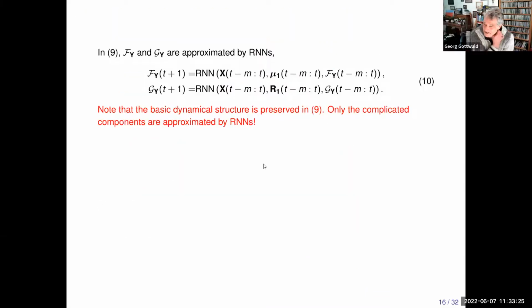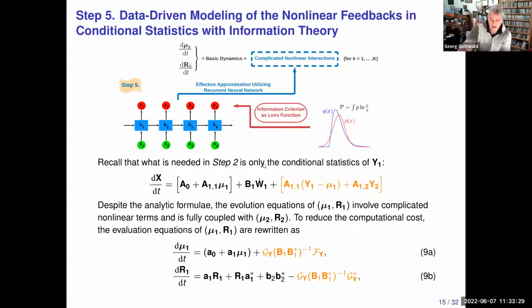Can I ask another question? Of course. Go one page back, please. So are you training on the difference between, let's say, d mu1 dt minus a0 plus a1 mu1? Is that how you train? So that's a good point. We approximate these two, g and f, by neural networks, right?